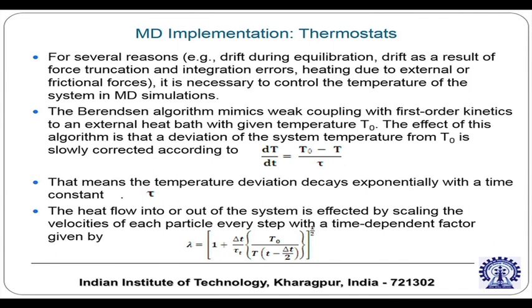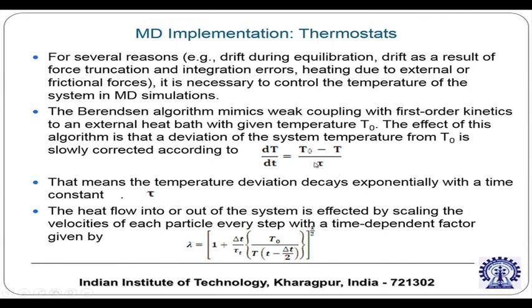For example, one algorithm is called the Berendsen algorithm. It mimics weak coupling with first order kinetics to an external heat bath with a given temperature T0. The effect of this algorithm is that a deviation of the system temperature from T0 is slowly corrected.